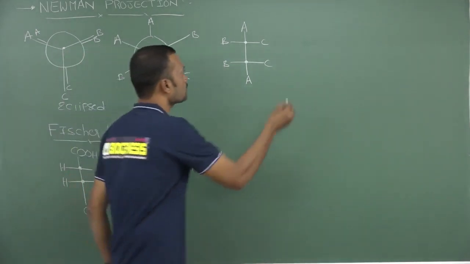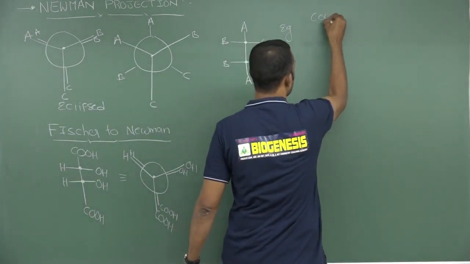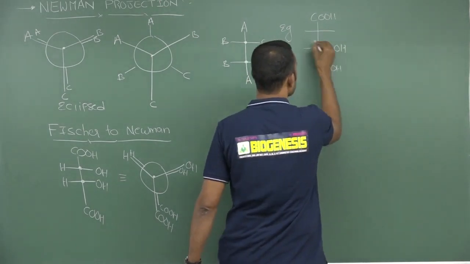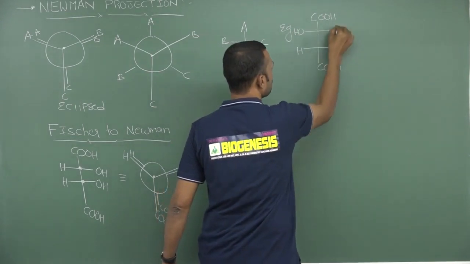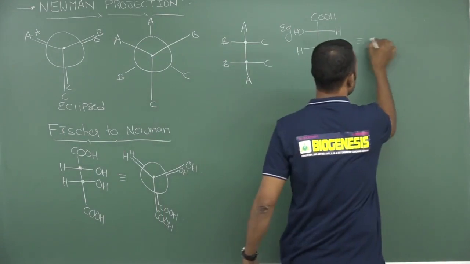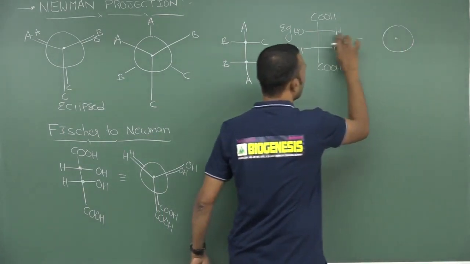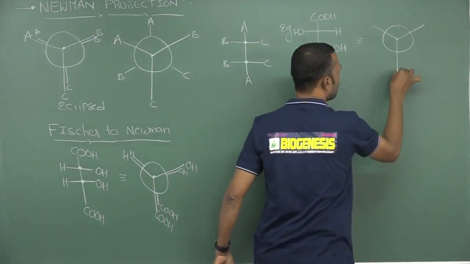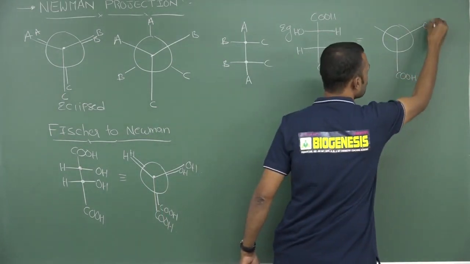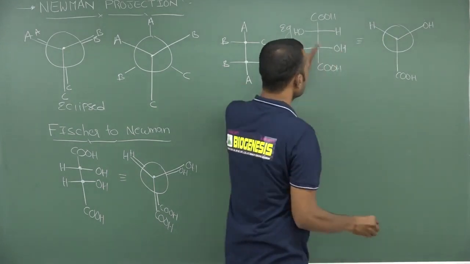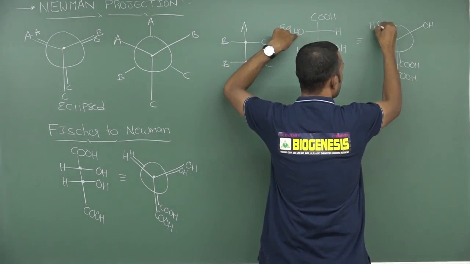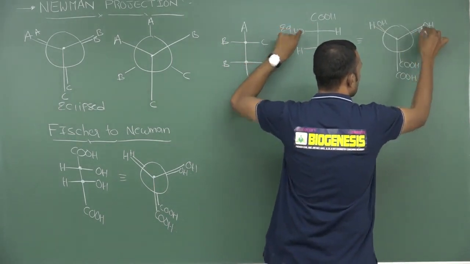You can take one more example, active tartaric acid: this is COOH, OH, OH, H and this is H. Simply you can convert to front carbon and rear carbon. For the front carbon, write a Y shape, with carboxylic acid, right side OH and left side H. Below, COOH, next left side is OH and right side is hydrogen.